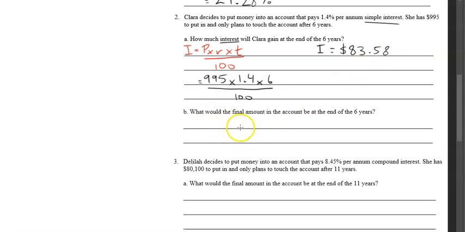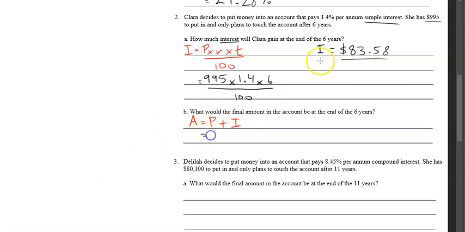What would the final amount in the account be at the end of the 6 years? Well, if we know how much interest there will be at the end of the 6 years, and we know how much she started with at the start, to get the amount, we need to take the principal and just add the interest amount.